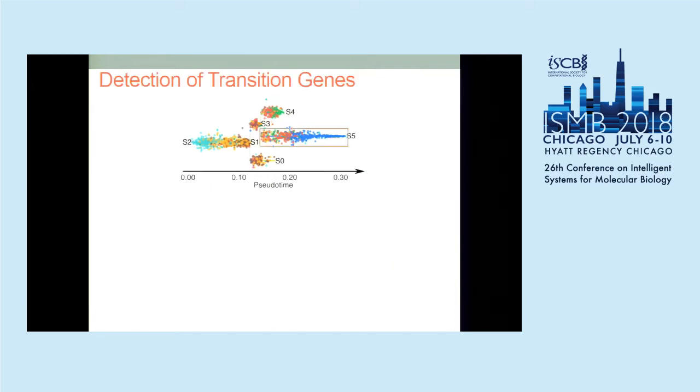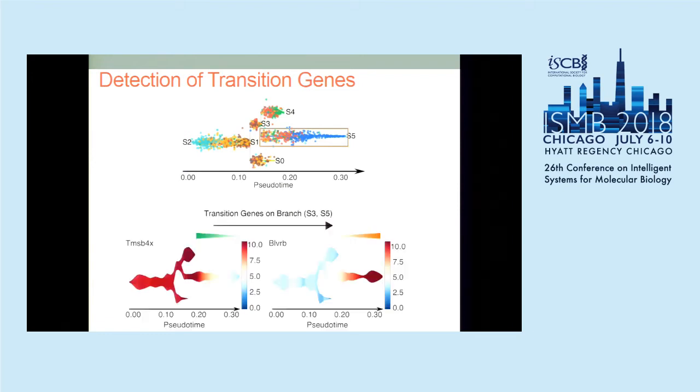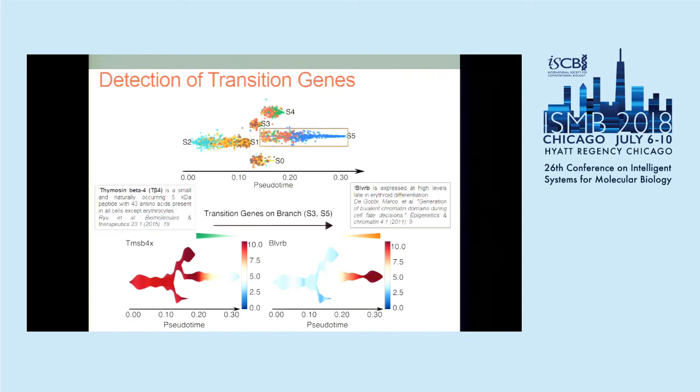Similarly, if we focus on one branch like S3 and S5, STREAM can also return a list of transition genes. Here I'm showing the top two. We know that something beta-4 is repressed during the erythroid differentiation, and BLVRB is activated in the erythroid differentiation.